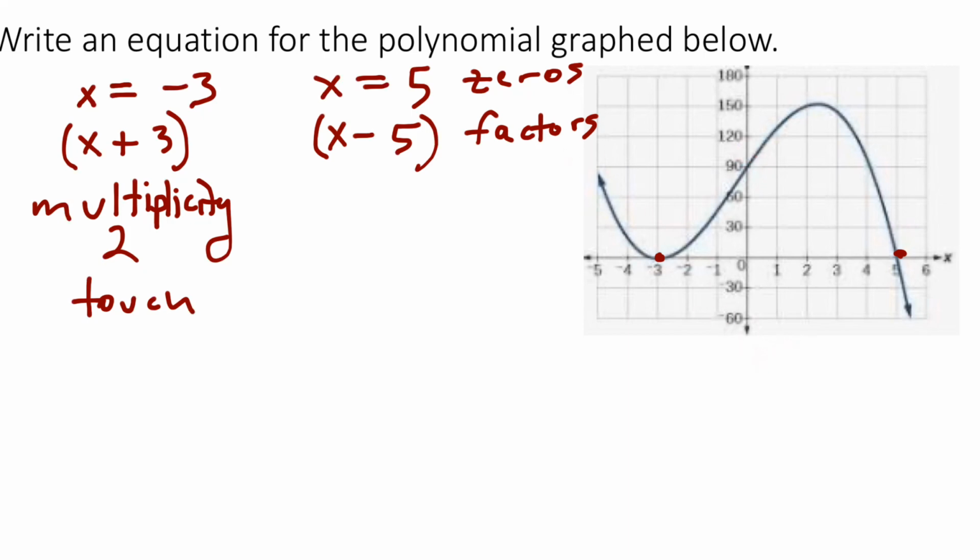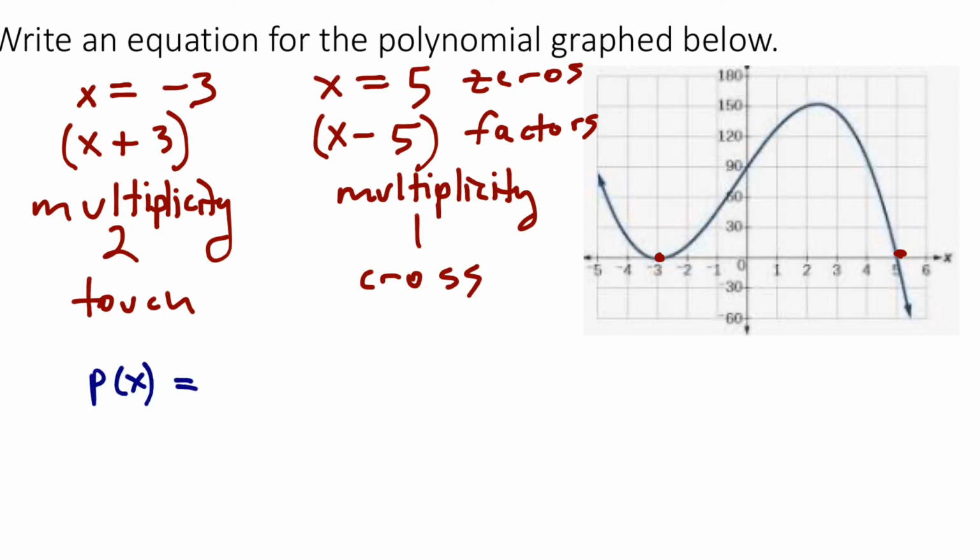As for the zero over here at 5, you can see the difference. This one cuts through in a linear fashion, like slicing through like a line, so that's a multiplicity of 1. So p of x, our polynomial, has got to have x plus 3 squared as a factor and x minus 5 as a factor.